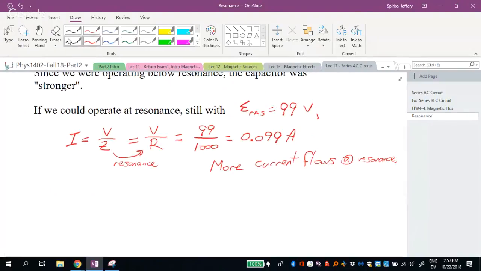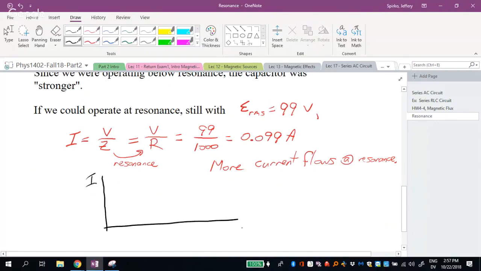So we could make a graph here of I versus F. My title of my graph is Constant Voltage for a Series RLC Circuit.